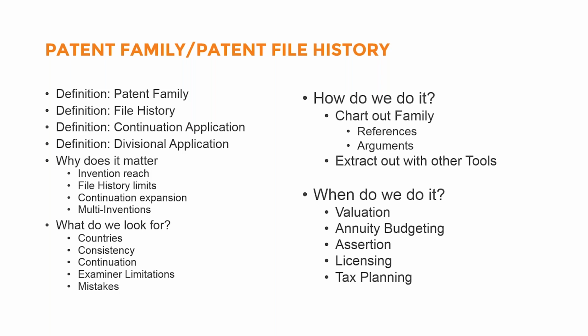So these could be simply the application is filed, rejections, amendments, arguments, appeals, changes in inventorship, changes in ownership, anything that can pretty much happen to the patent along its life, so to speak.